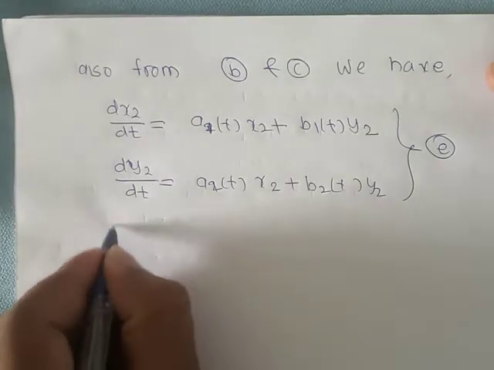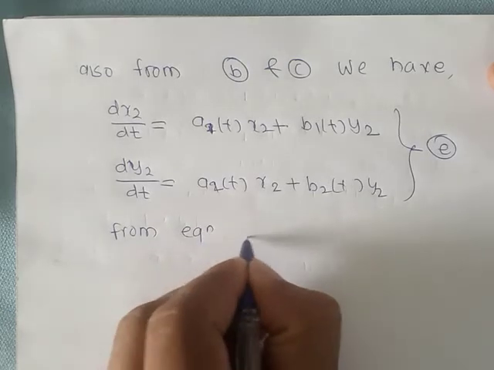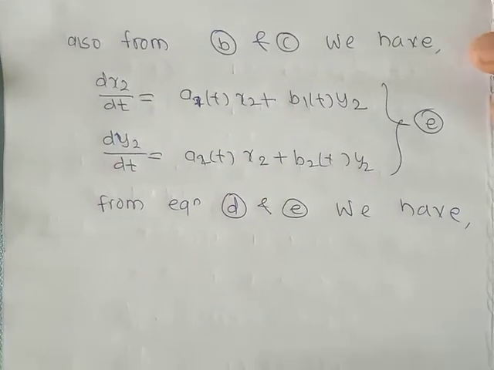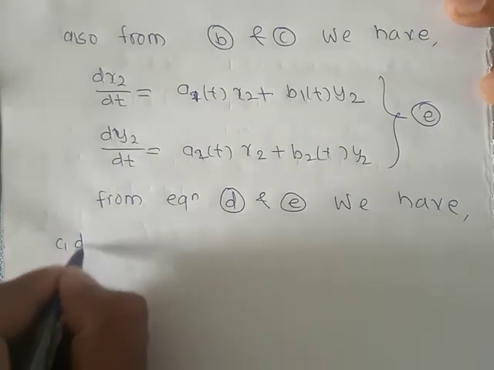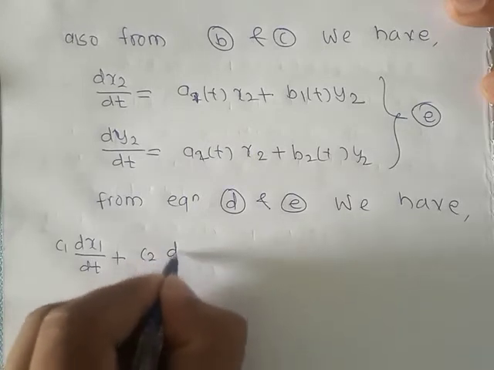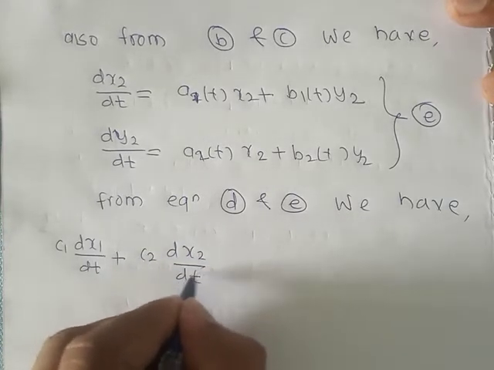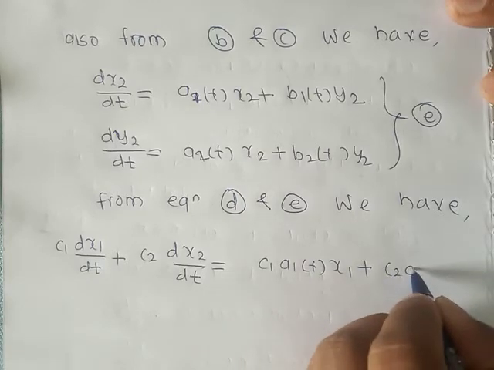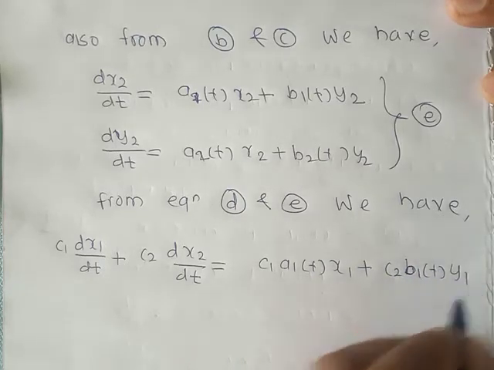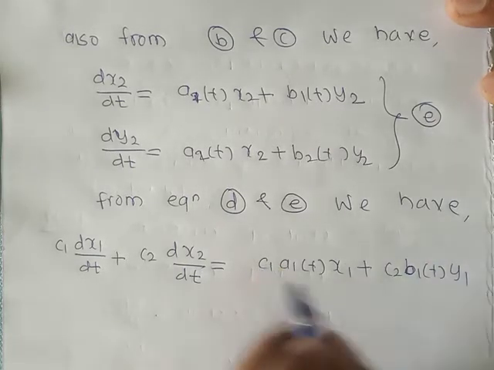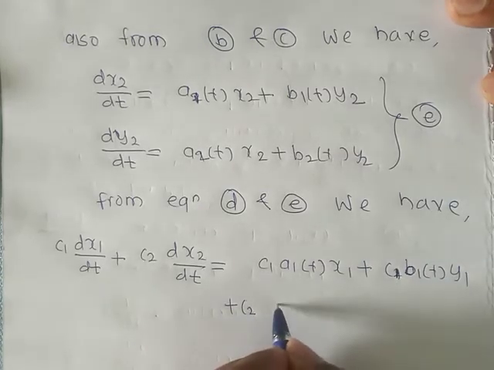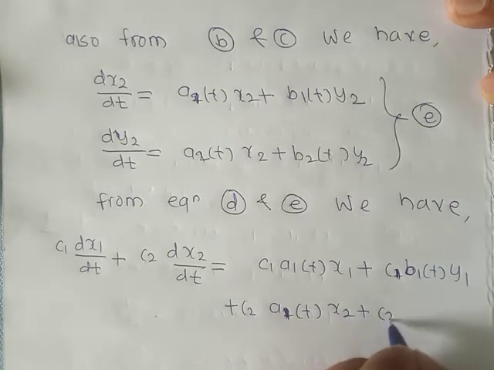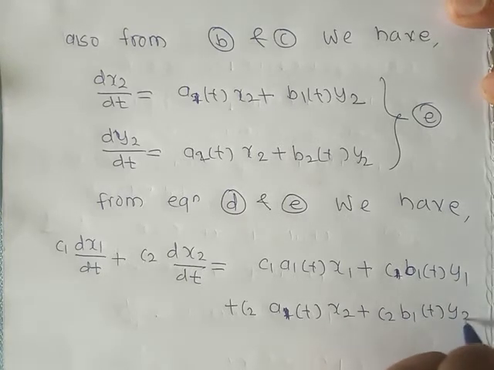Now from equations D and E we have c1 into dx1 by dt plus c2 into dx2 by dt is equal to c1 a1 of t x1 plus c1 b1 of t into y1 plus c2 a1 of t into x2 plus c2 b1 of t into y2.